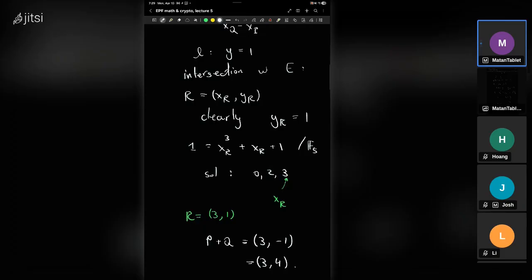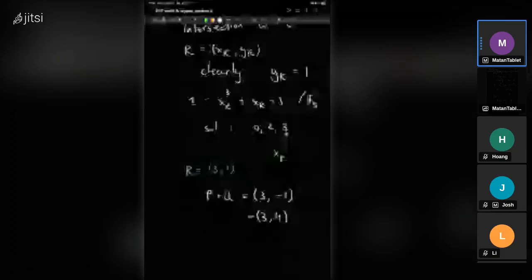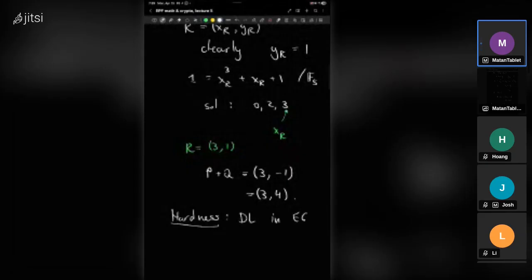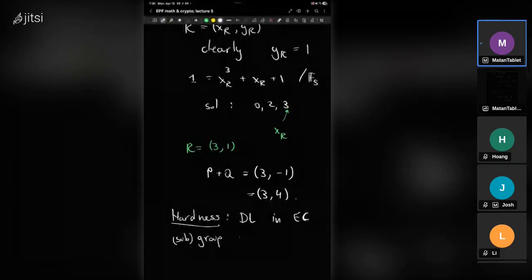So what I get here, the hardness assumption, I mean, discrete log in an elliptic curve group, it's basically subgroup, is hard.